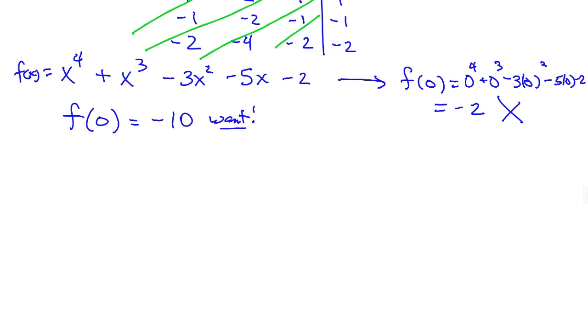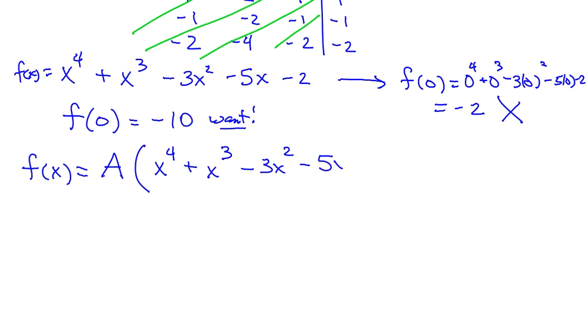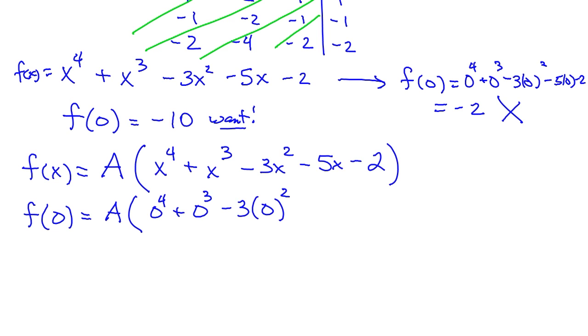So what we're going to do is rewrite f of x as some number a times the rest of the quartic that we already have. And then we will compute f of 0. It's going to be a times, again, this calculation, 0 to the 4th plus 0 cubed minus 3 times 0 squared minus 5 times 0 minus 2. And that has to be equal to negative 10.